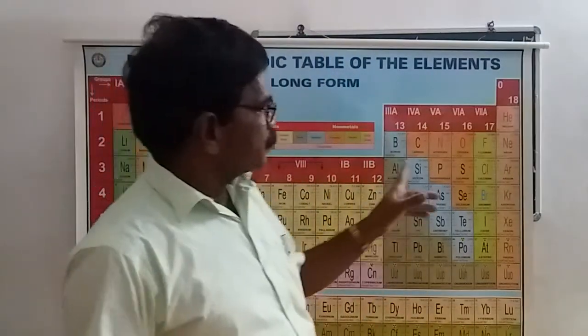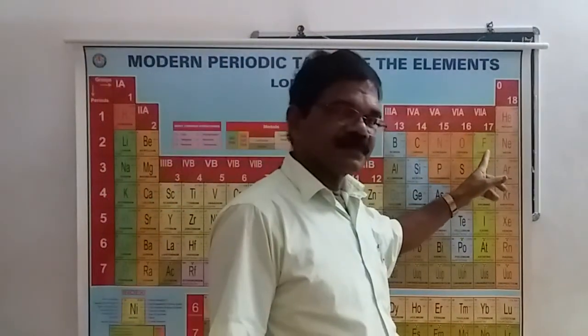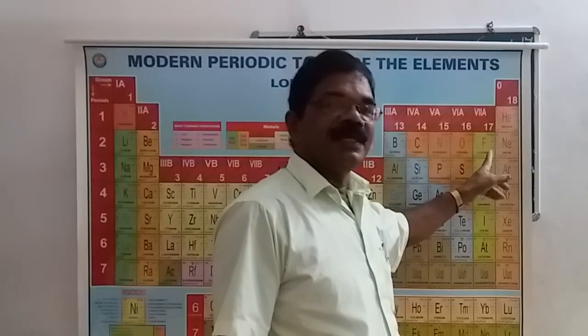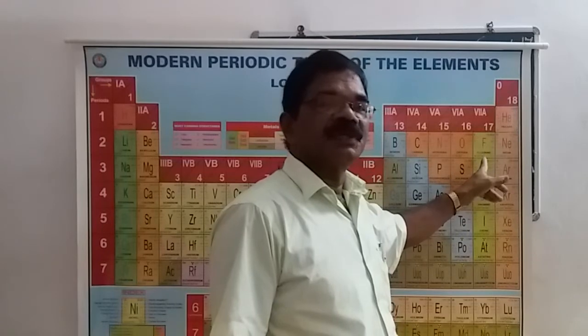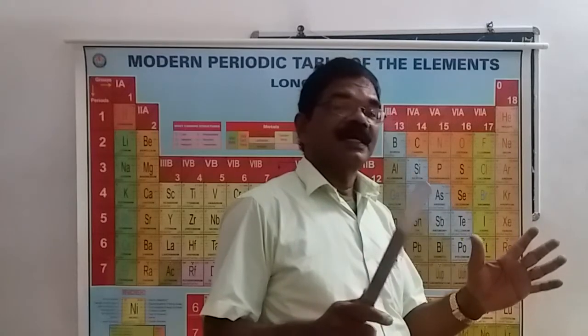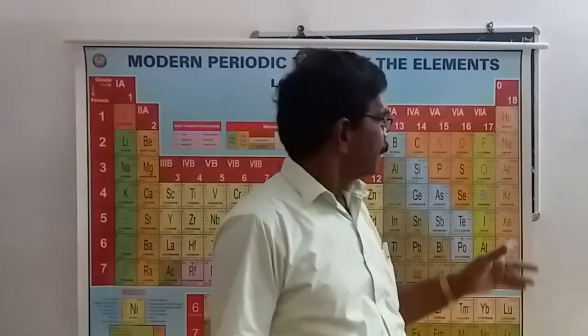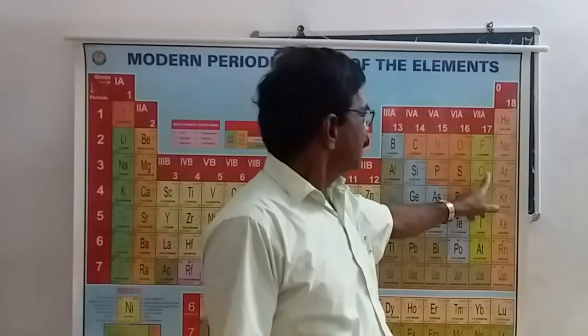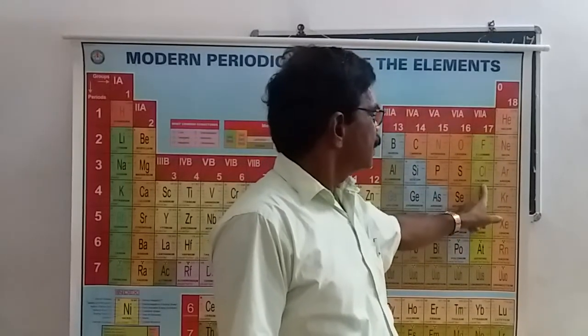So in the case of non-metals, the electronegativity depends upon the size of the atom. That means the smaller the size, the greater the electronegativity. Fluorine has only 2 shells. At the same time, chlorine has 3 shells.